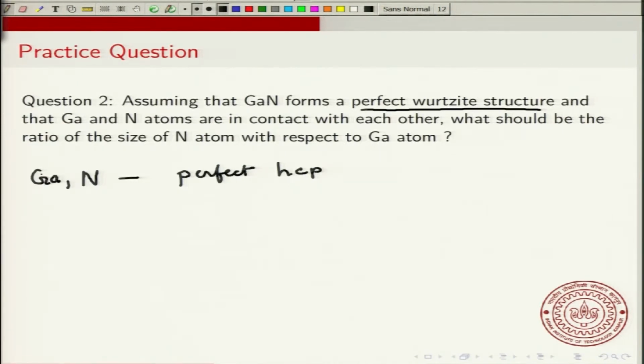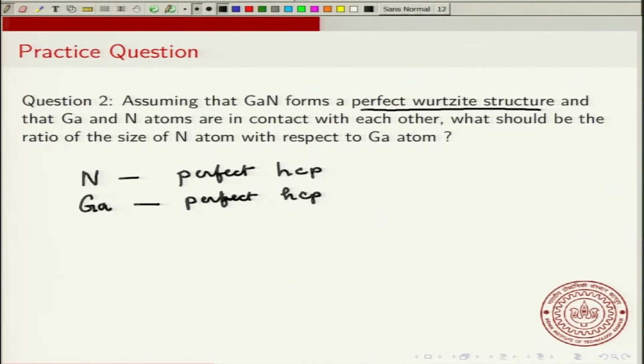So, the individual gallium and nitrogens form perfect HCP. And what should be the ratio of the size of the nitrogen atom with respect to the gallium atom? Again, you can do this very easily.